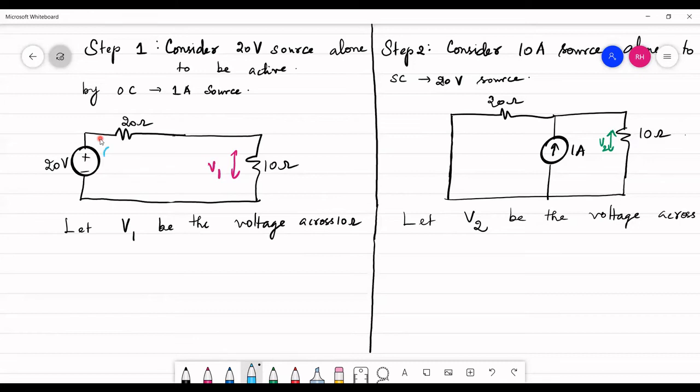So if current originates from the positive terminal, this terminal is positive, this is going to be assigned a negative value. Similarly, this terminal is positive and here it is going to be negative, right? And now let me consider the second step also. So current comes here, okay, from the current source. And as this current comes here, it reaches this point, it gets split into two, okay?